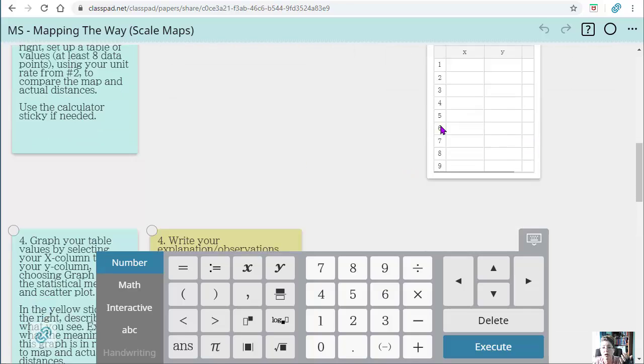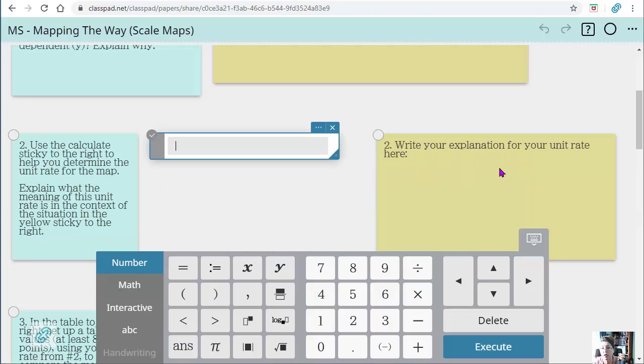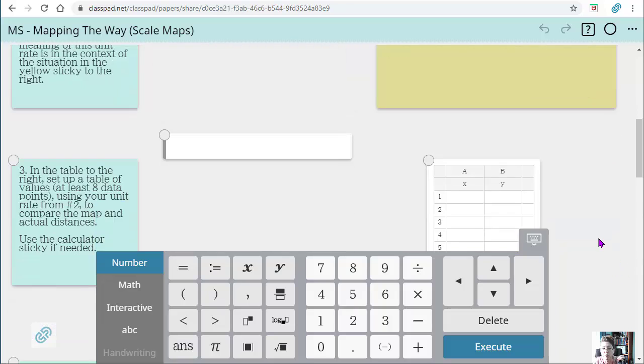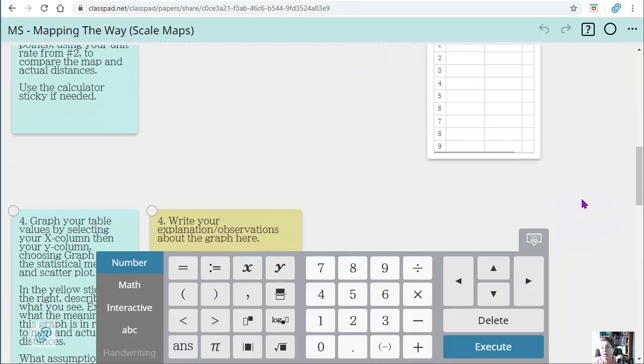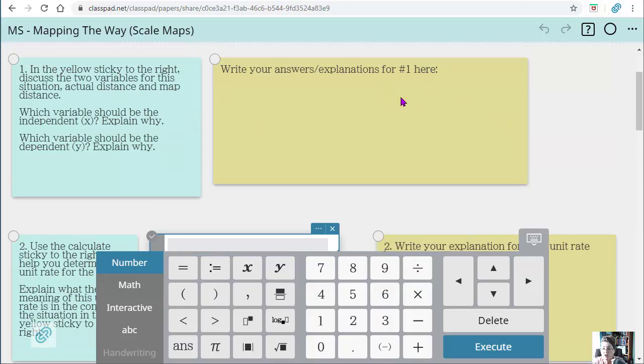So lots of things going on here using ratios and proportions, a relationship, that scale relationship between the map distance and the actual. And then based on their graph, they're going to talk about what they see, what kind of relationship they see, and hopefully if they've done it right with a unit rate, they've seen a linear relationship. So then what does that actually mean in the context of this situation?